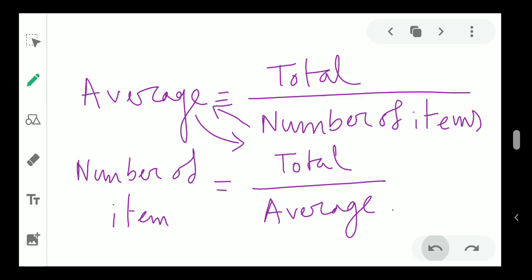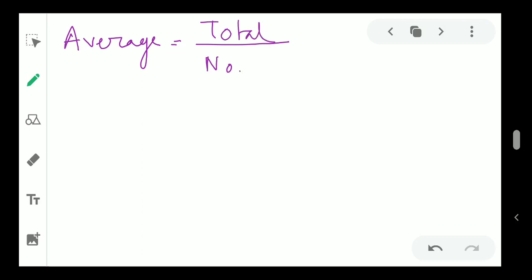So I'm writing clearly the whole thing. Three possibilities I'm writing here. We know that average is total by number of items.